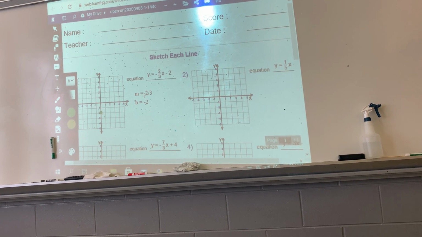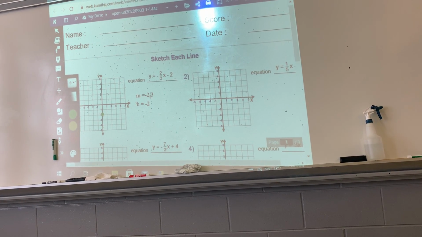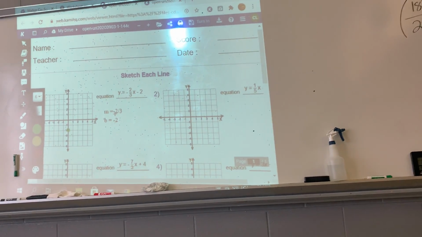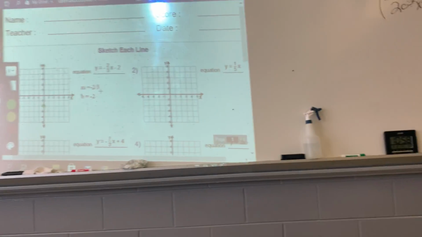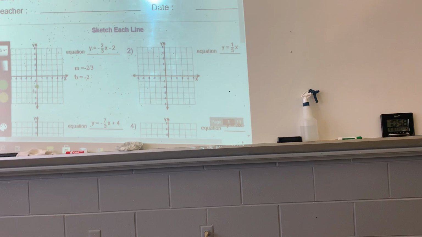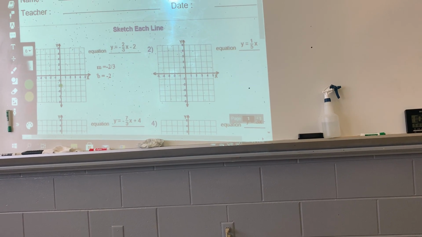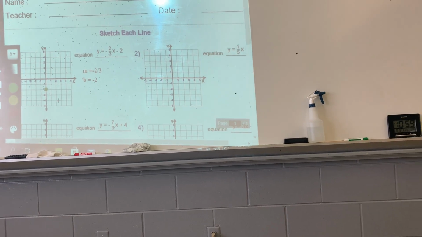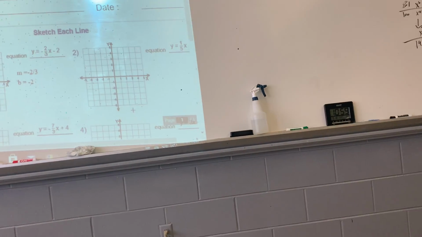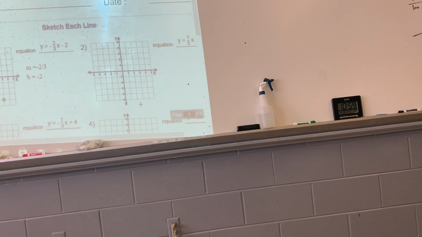Then I'm gonna use my slope and put another dot. So from that original dot, I'm gonna go down 2, 3 right. So I'm gonna go to my original dot, and from there I'm gonna count down 2, 1, 2, right 3, 1, 2, 3. And then I click it again, and that's the 2 dots that make my line.